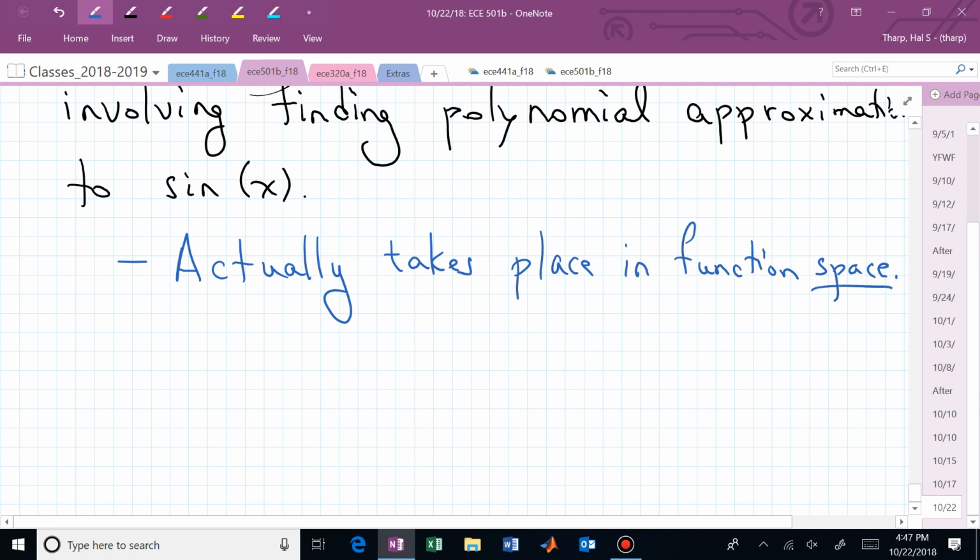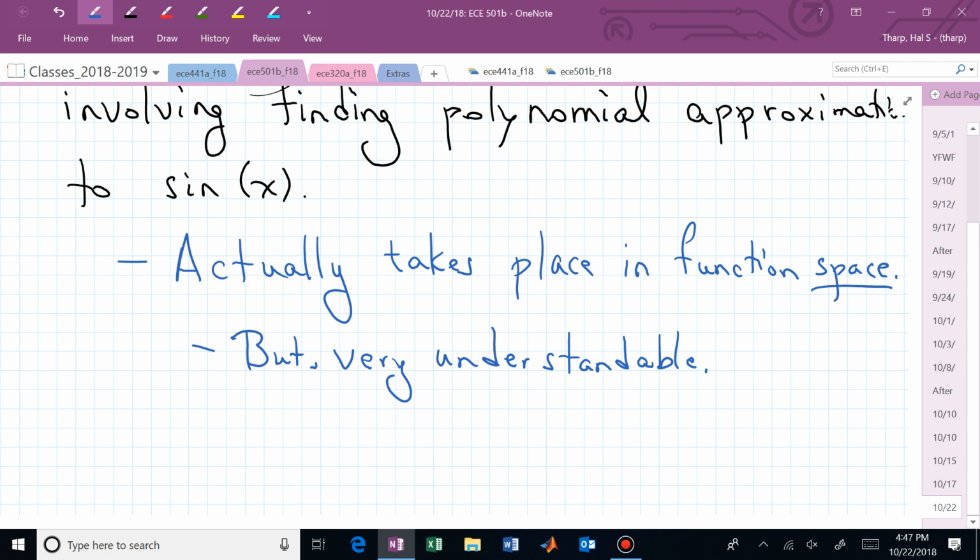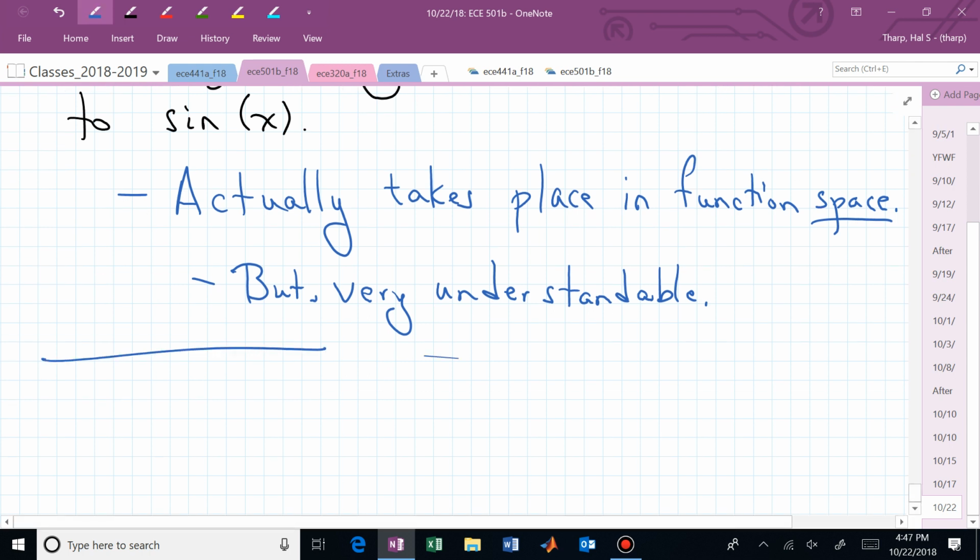We've been dealing with finite dimensional vector spaces, but now this actually takes place in function space, but it actually drives home the point of how effective this approach can be versus just doing a Taylor series expansion or some Fourier series expansion of sine of x.